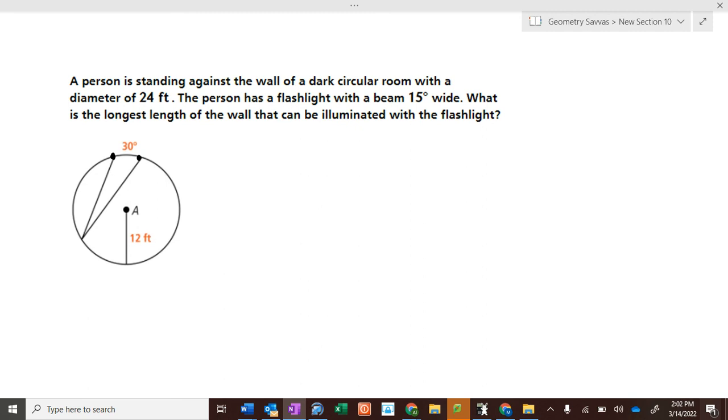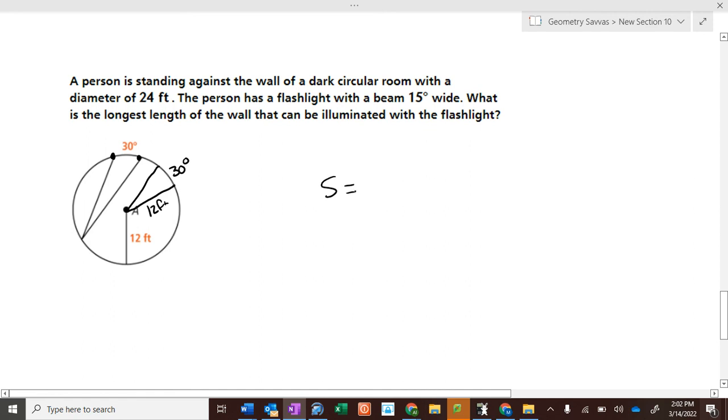Then we got to go back to section 10.1. Section 10.1, we had a drawing like this. 30 degrees. 12 feet is the radius. Arc length equals the angle divided by 360 times 2 pi r.